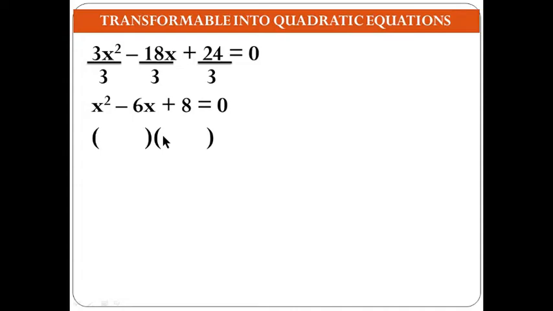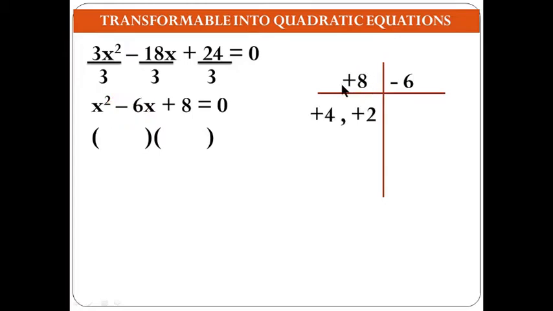So, yung ating technique ay ito, yung cross. Then, get the constant term which is positive 8. Dapat identify yung possible factors of positive 8, at yung mga possible factors, kapag inadd, ang sagot ay negative 6. So, ano nga ba yung mga possible factors of positive 8?